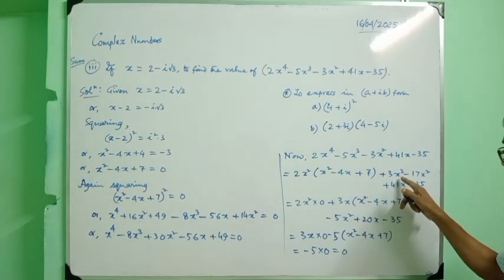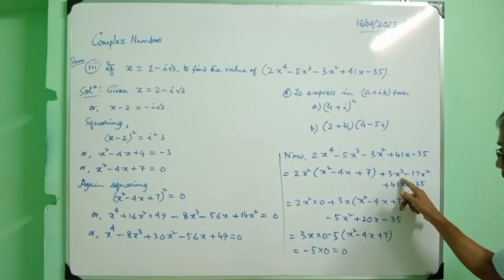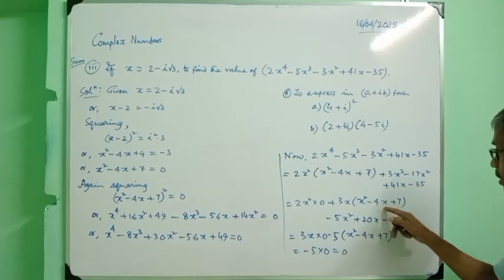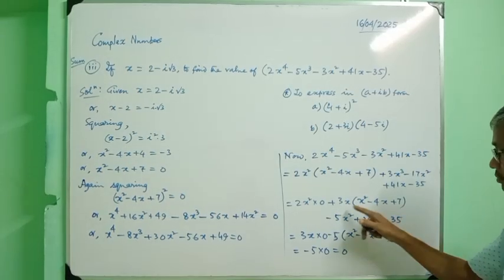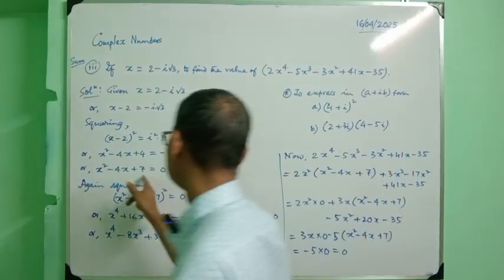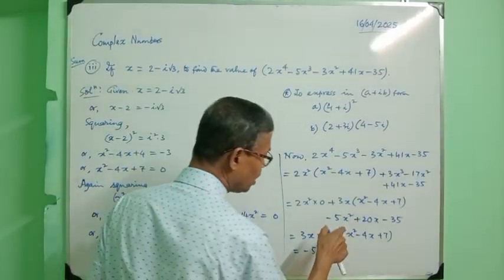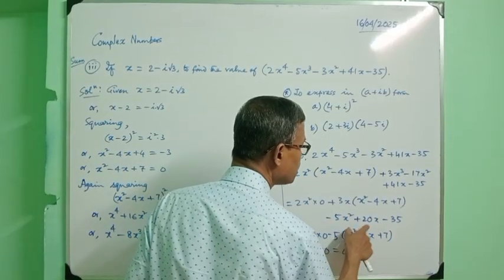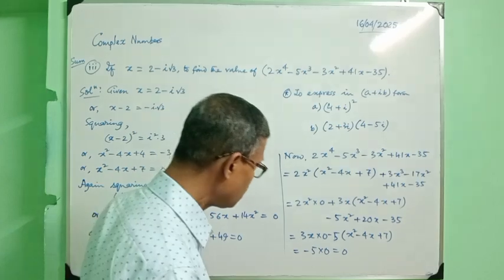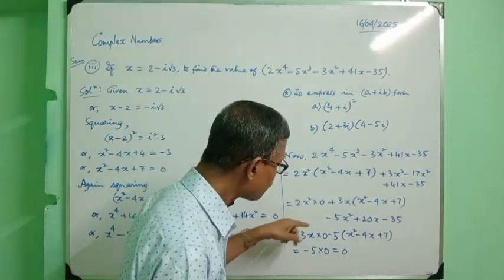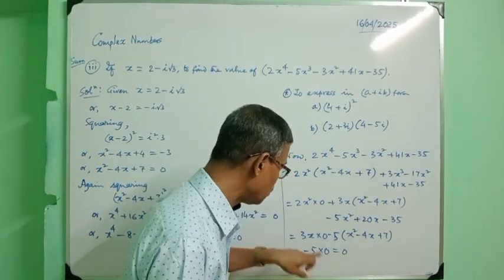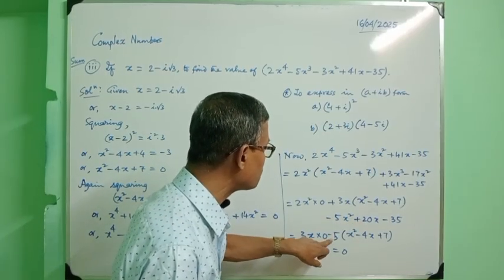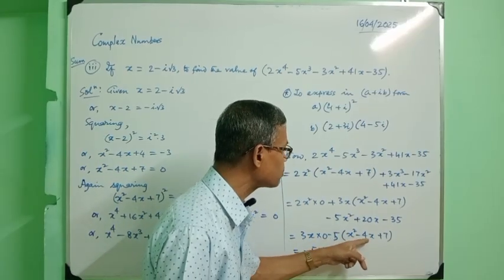Then since there is x cube, I take x term, that is 3x term, outside this expression as a product. That means 3x into this expression. Then according to the adjustment, the remaining terms are minus 5x square plus 20x minus 35. Then this becomes 0. After that 3x into again 0. Then if I take minus 5 common factor, I get minus 5 within brackets x square minus 4x plus 7.